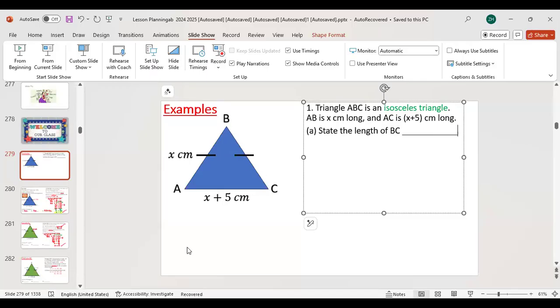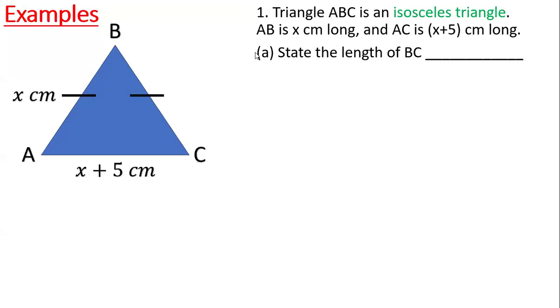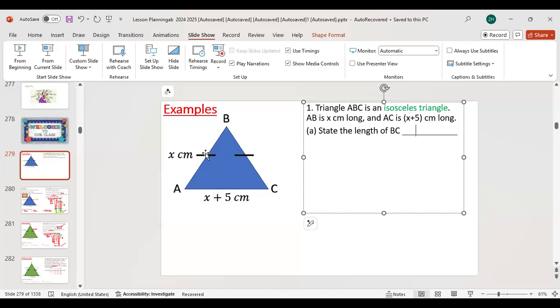Whatever the length of AB. Someone said x cm. Very good. Because if AB is x centimeters, which we know, and both sides are equal, then this must also be x centimeters. So the length of BC is going to be x centimeters.